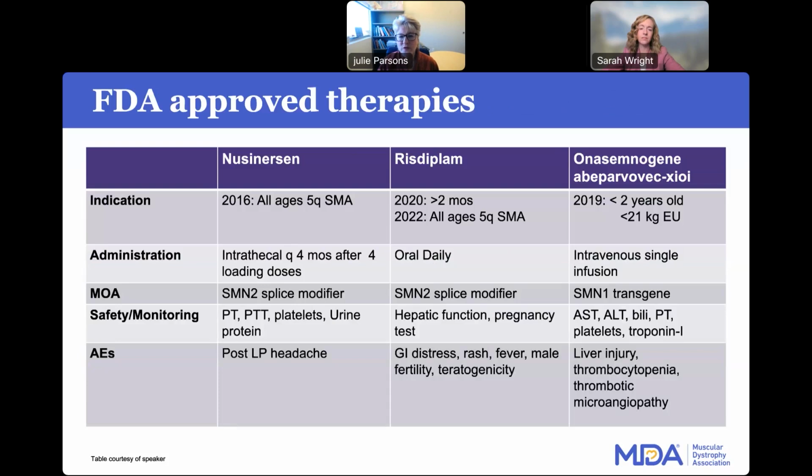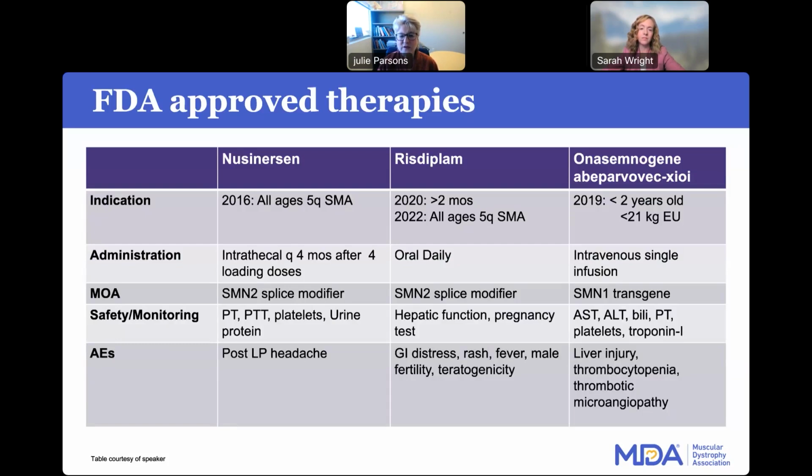What are the FDA-approved therapies that we have at the present time for patients with SMA? The first approved therapy was nusinersen, approved in 2016 for all ages of patients with 5q SMA, so they do need to have a genetic diagnosis.